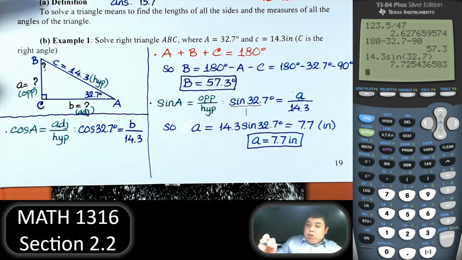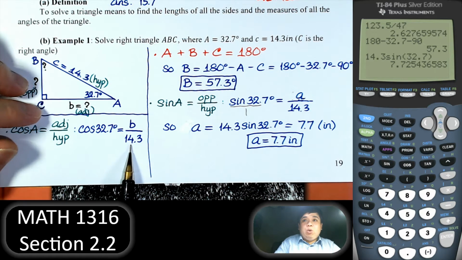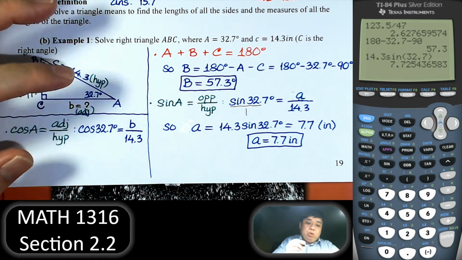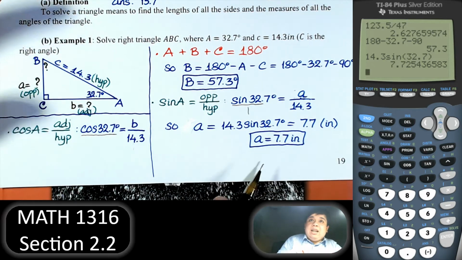Again, I left out the unit. Those numbers are given, 32.7 and 14.3. I prefer to use those over the number that is calculated.